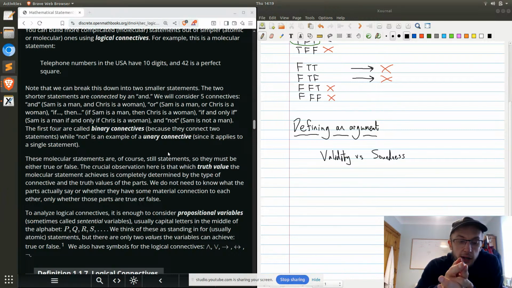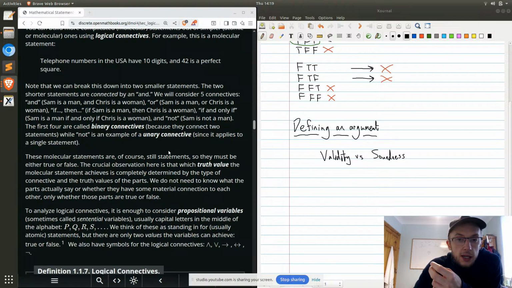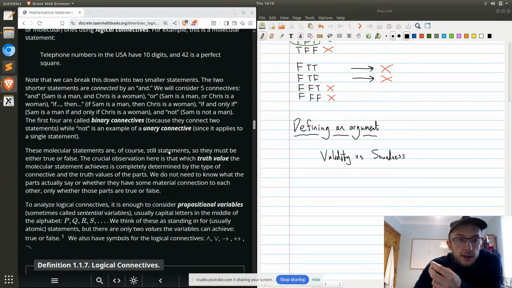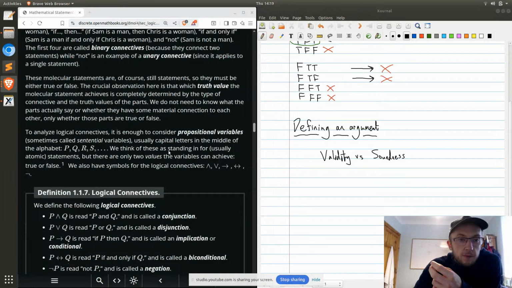The first 4 that I listed there, and, or, if then, and if and only if, those first 4 are called binary connectives because they connect 2 statements, while not is an example of a unary connective, since it applies to a single statement.